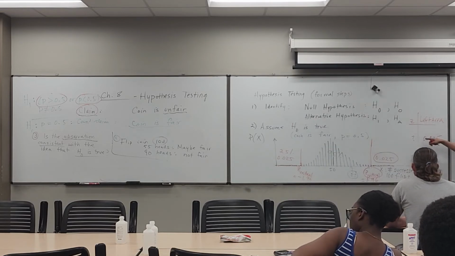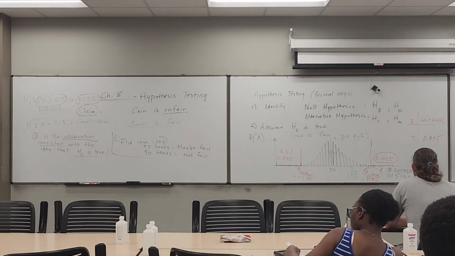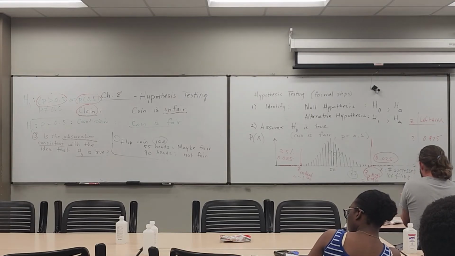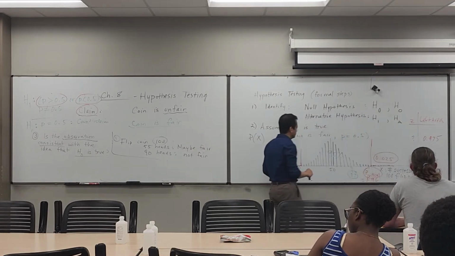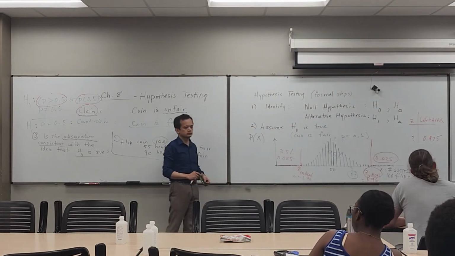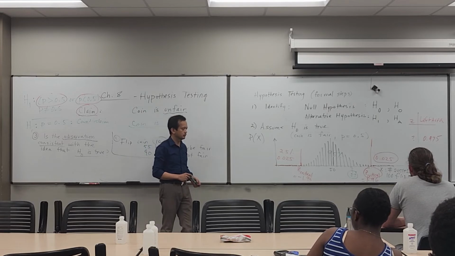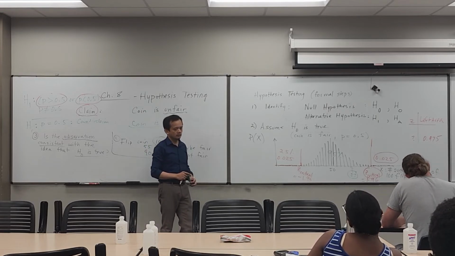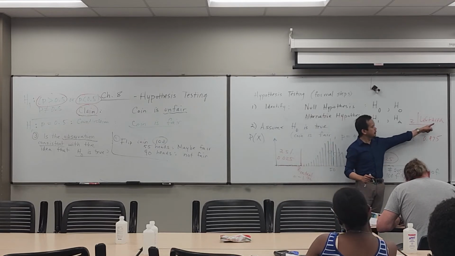Because remember, the z-score chart requires us knowing the left area to get that z-score. So you can find a z-score with the chart if you know the left area.